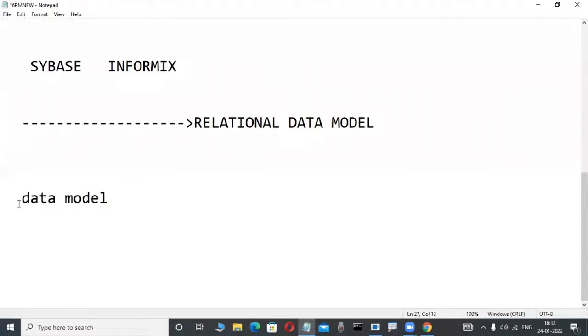Anybody who attended the previous class knows I told you one thing. An Oracle database or relational database has two types of structures.